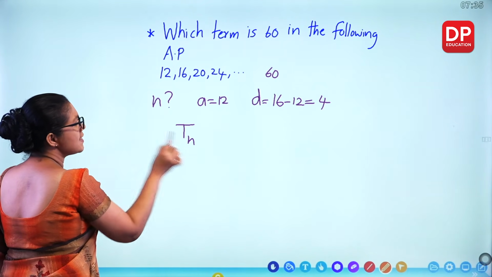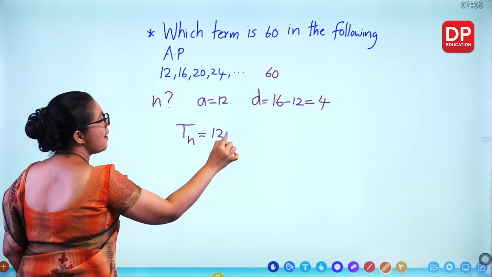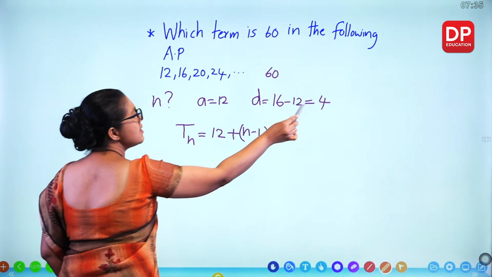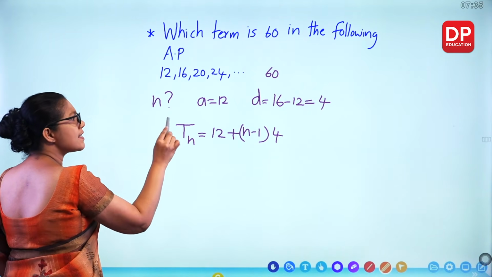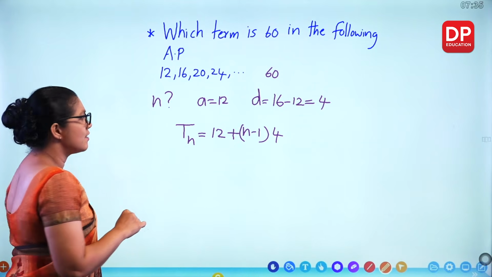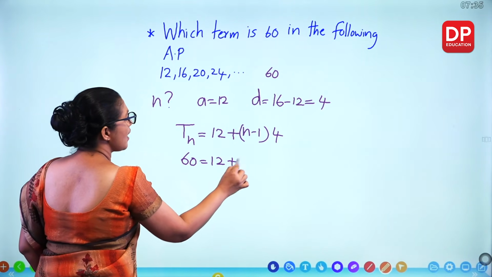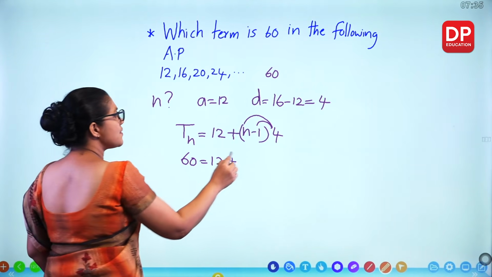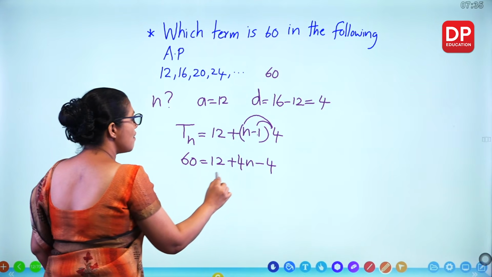We don't know what n is. Tn is equal to A, which is 12, plus n minus 1, D is 4. But we know the nth term is 60. So we can plug 60 here. And also you can expand the brackets. 4 times n, 4n, 4 times minus 1, minus 4.